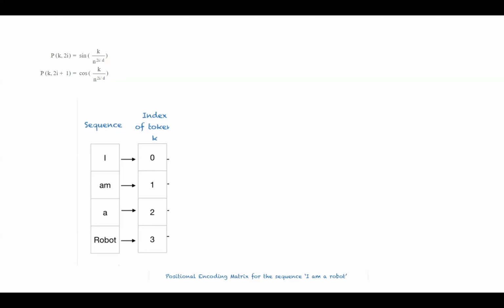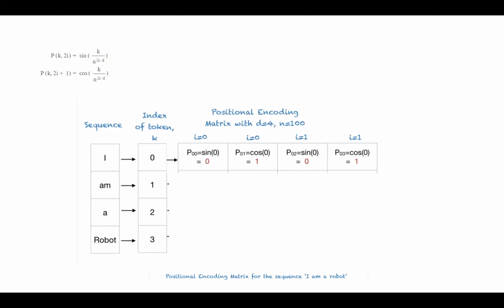But let's try to understand how it works, okay? So we have 4 tokens and we have index 0, 1, 2, 3, and we are going to use the sine, cosine alternate thing. Let's say now we decide on a 4-dimensional vector, so dimension D is 4, but you can have any, as we did with 128.